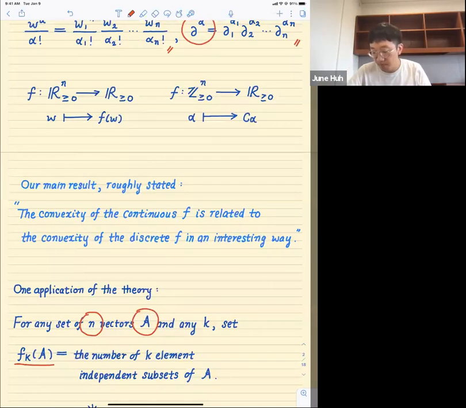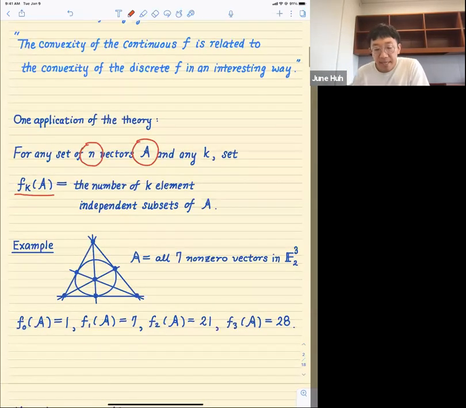So let's do an example. This is our favorite example of all 7 non-zero vectors in 3-dimensional vector space over F2. And we like drawing this arrangement in this picture using the picture of P2 over F2.